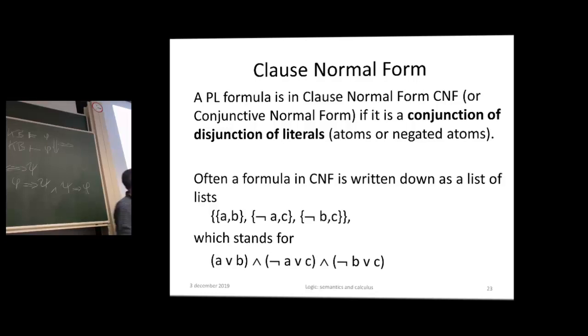So you don't want to have a symbol or between. This is easier to implement because you put not C, not B in a list and C in a list, and you don't need any complicated data structures. So the idea is that you reduce a formula to a list of lists, and then it's very efficient to reason over it.